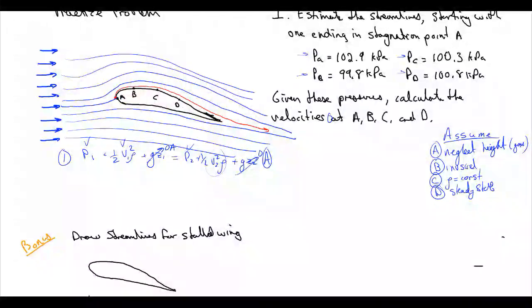If we take equation 1 to equation 2, we solve V2 is equal to the square root of 2 times P1 minus P2 all over rho. Great. And then we just apply it. So for A, for example, we get 0 meters per second.